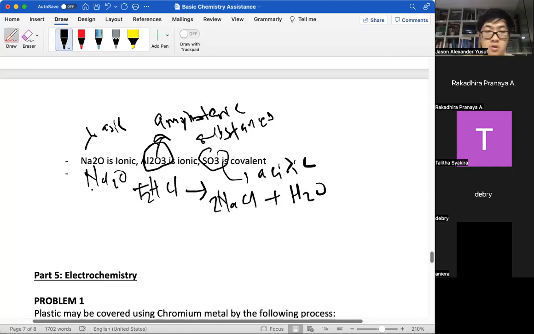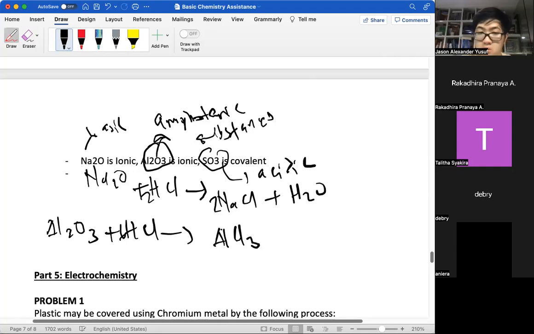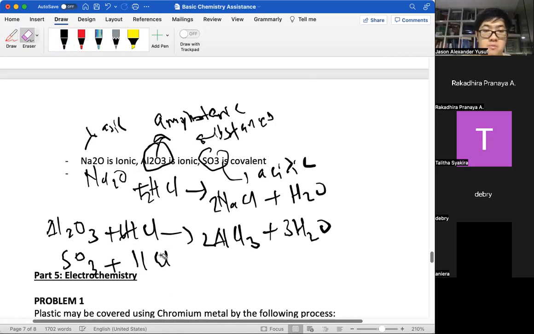And for Al2O3, as I've said before, it can react with both acids and bases. So if you react this, we will get six. So this is the reaction. Now for SO3, this is basic, so we're going to react it with acid. Sorry, this is acidic, so we're going to react it with base. Sorry.